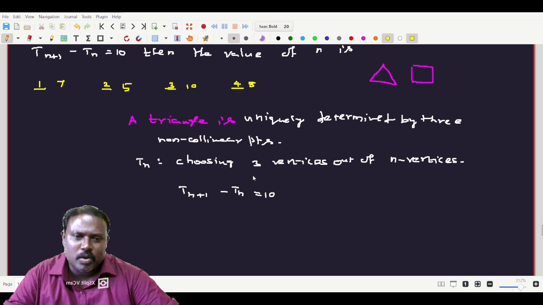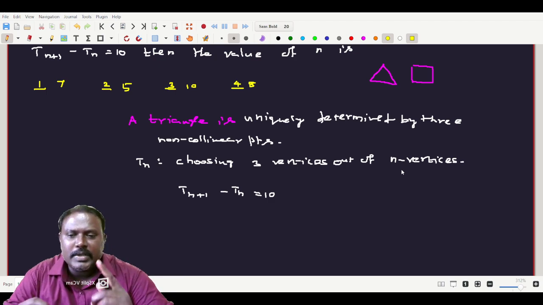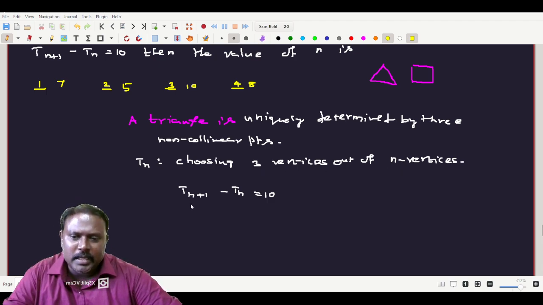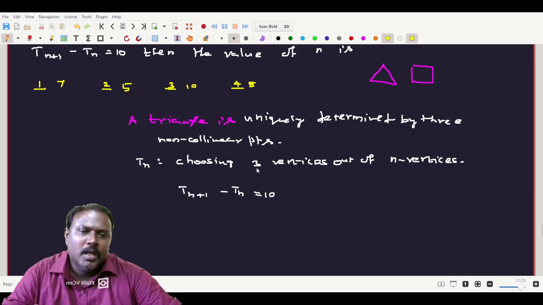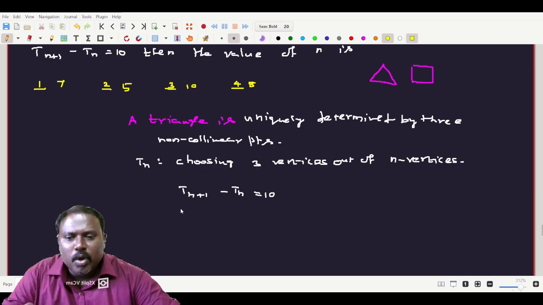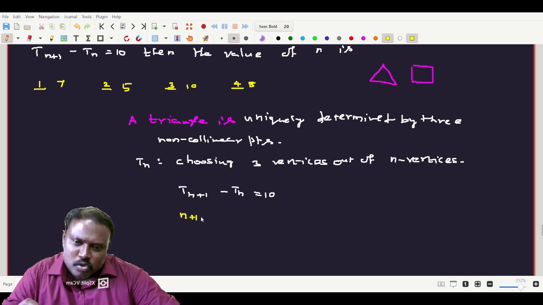Tn plus 1 means the number of ways of choosing three vertices out of n plus 1 vertices. That's very important. So this is n plus 1 C3 minus nC3, which equals 10.